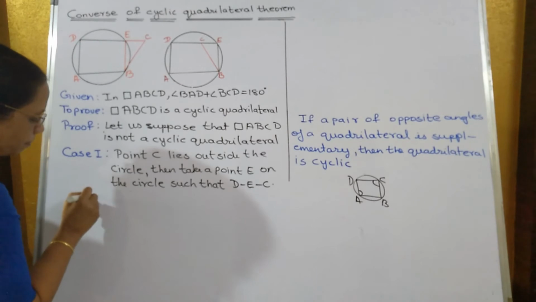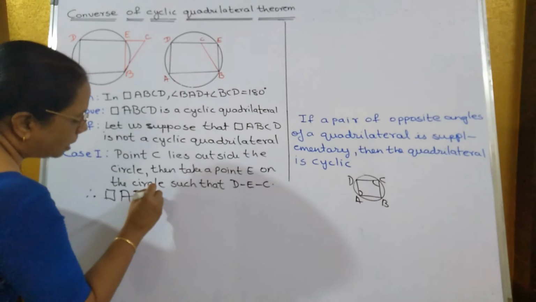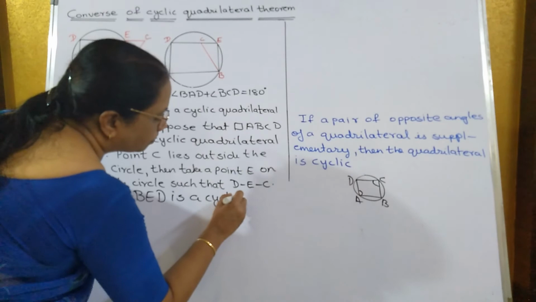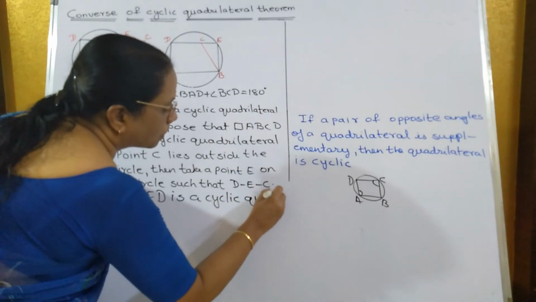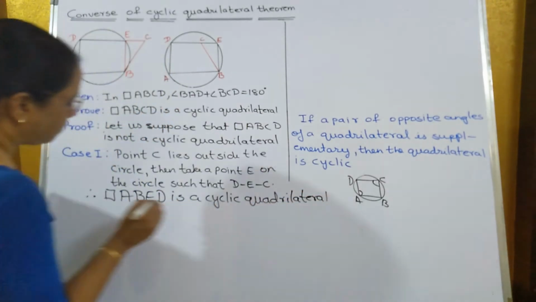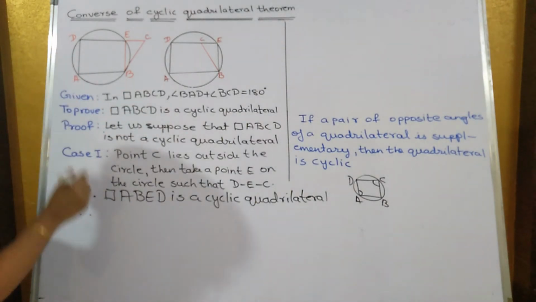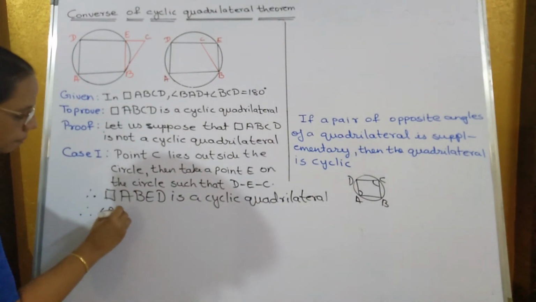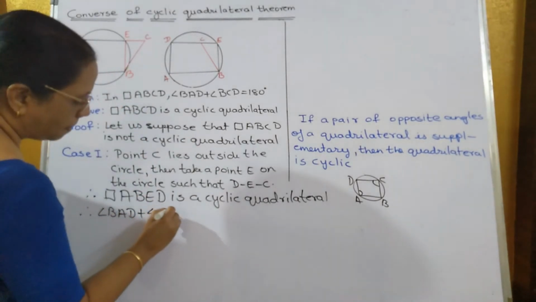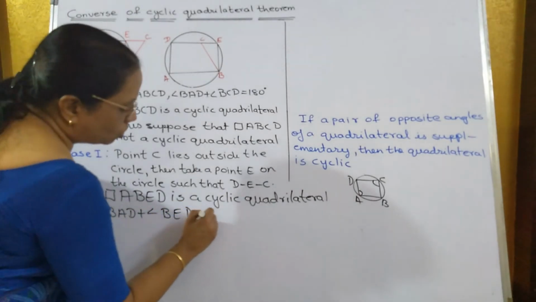Therefore, because all the four are touching the circle, quadrilateral ABED is a cyclic quadrilateral. Therefore, sum of the opposite angles should be 180. Therefore, angle BAD plus angle BED is equal to 180 degrees.